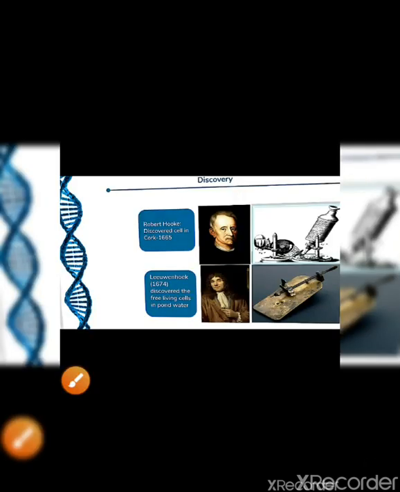Now moving on to the next topic, the discovery of the cell. Now we are going to read how scientists discovered cells. As we all know, in 1665 one famous scientist, Robert Hooke, discovered the cell for the first time.